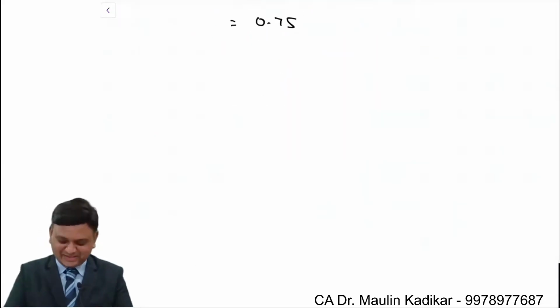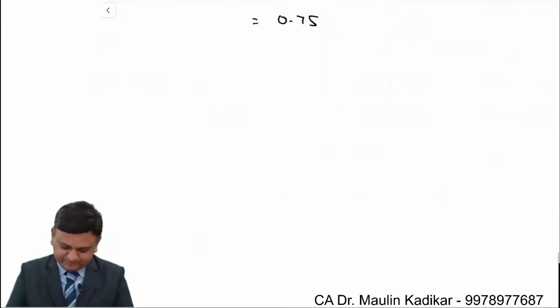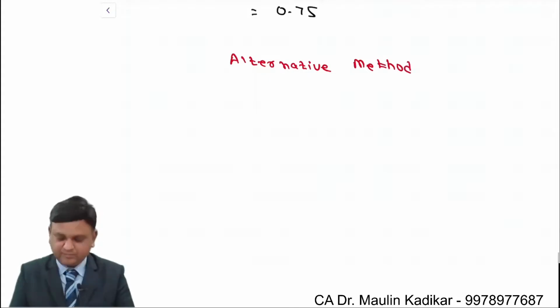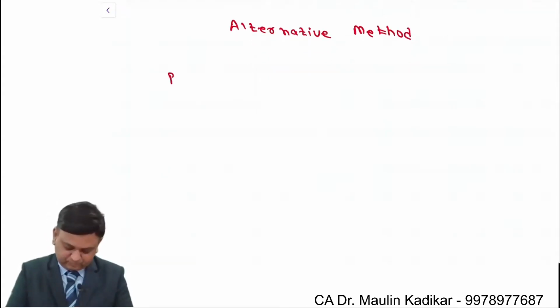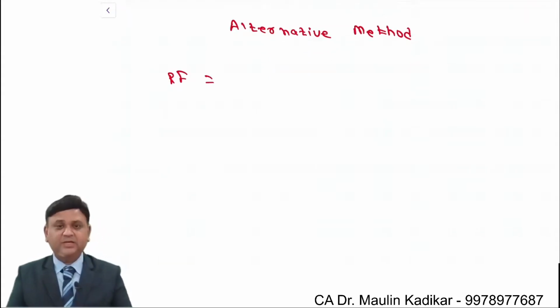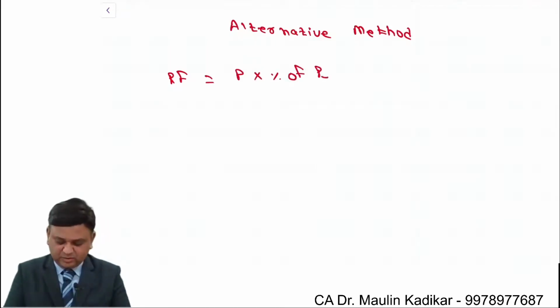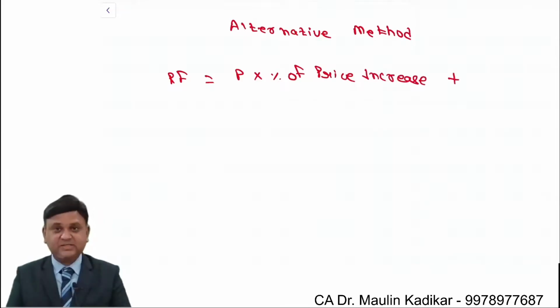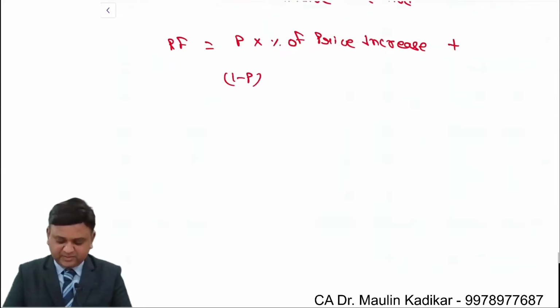And further one more alternative method is there. It is like this. Return answer, I will explain that to you. Risk-free rate of return is equal to probability of price increase into percentage of price increase, plus 1 minus P, that is probability of the price decrease, into percentage of price decrease.